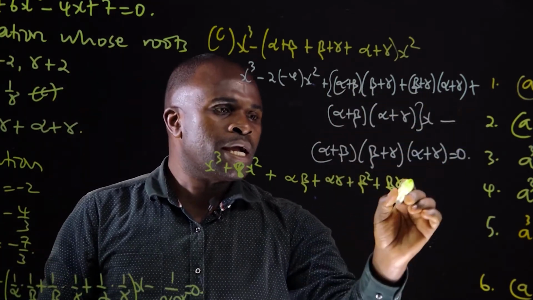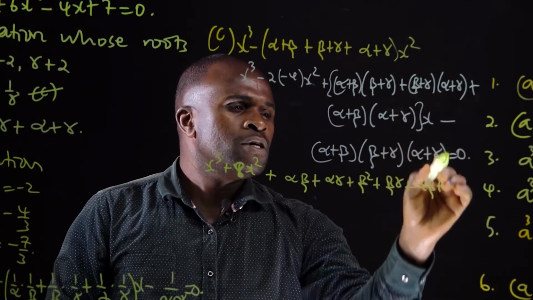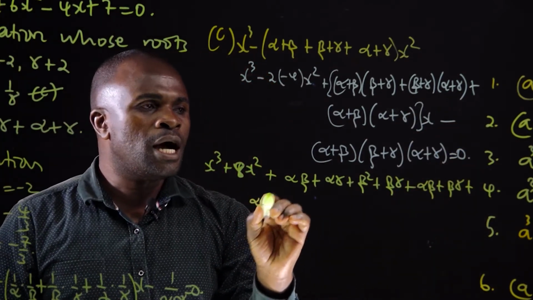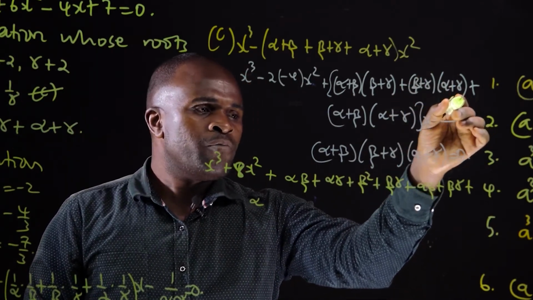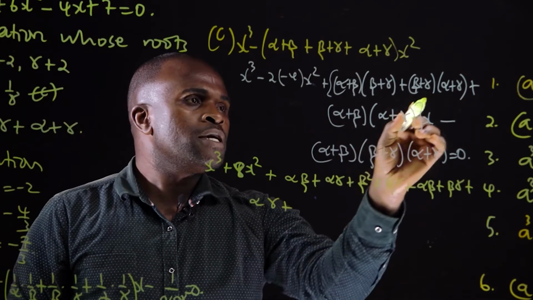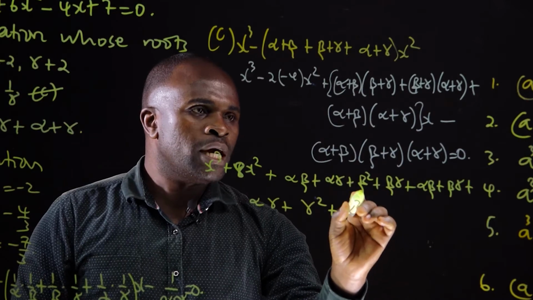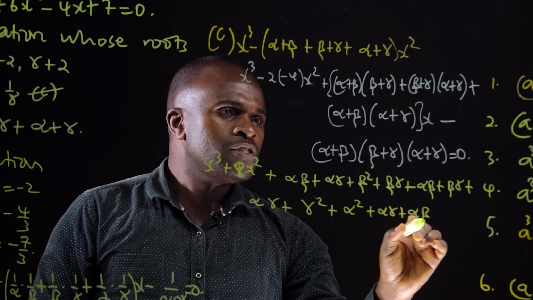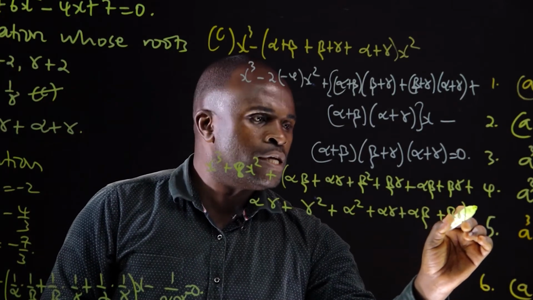Coming here again, we have alpha beta, beta gamma, then alpha times gamma, so alpha gamma, and gamma squared. Coming with this, alpha squared, alpha gamma, alpha beta, and then beta gamma.